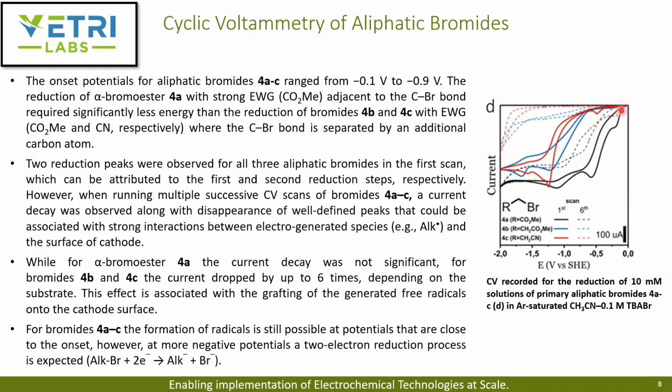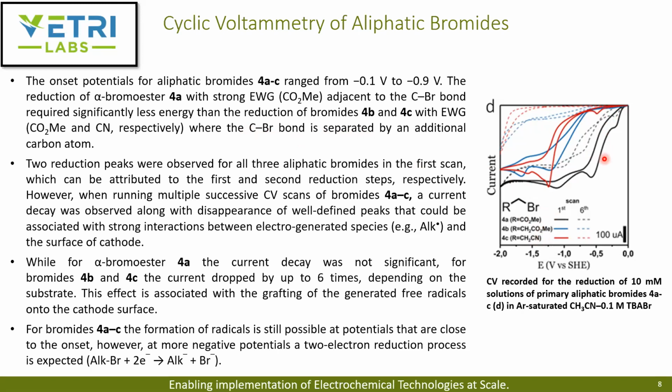That's why the onset potential is close to 0 volt. But if this nitrile group or formyl group is separated by an additional carbon atom, then you need higher energy, which shifts the onset potential to minus 0.7 or minus 0.9 volts.